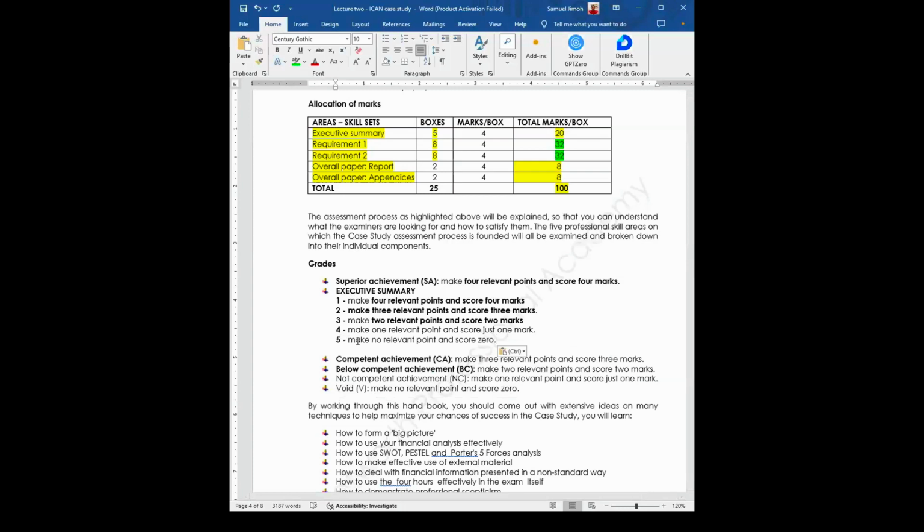So this is how grades will be applied to each of these skill sets in the exam. These grades will determine the marks you will score here, which will determine the total score you will get in the exam.